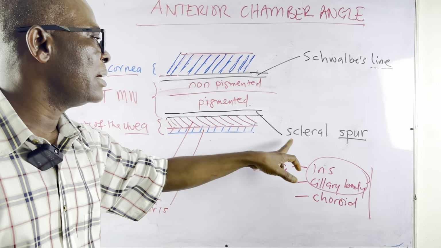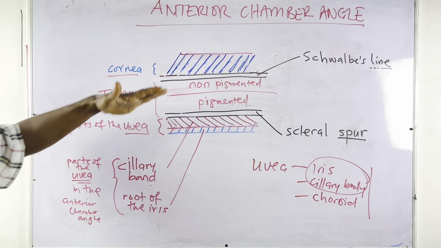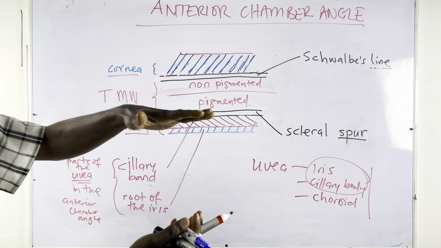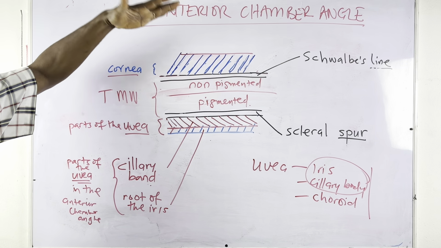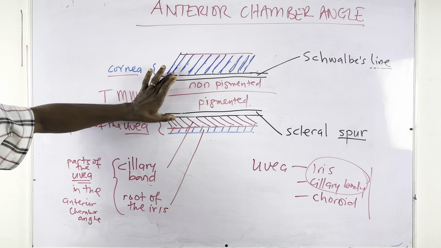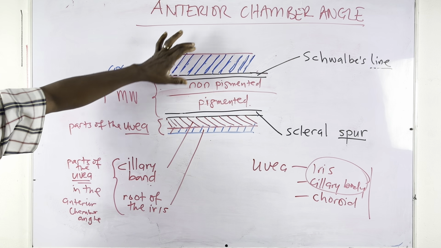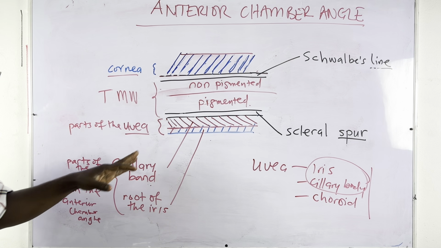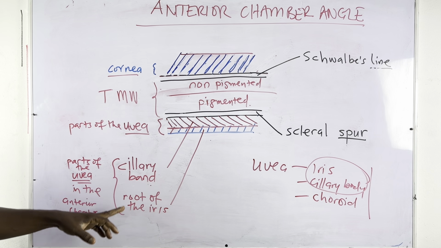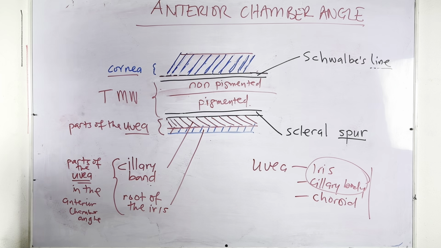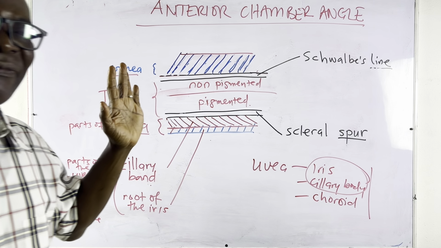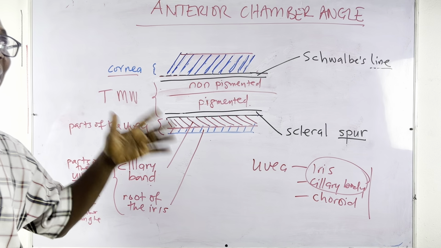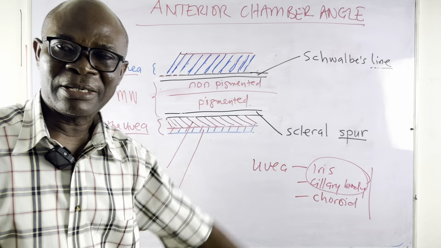When you take that tray as one zone, you have another tray: the central tray is taken as one, then you have the cornea, and then you have the uvea, the ciliary band and the root of the iris. So that is the fastest and shortest way to always remember the structures in the anterior chamber angle.